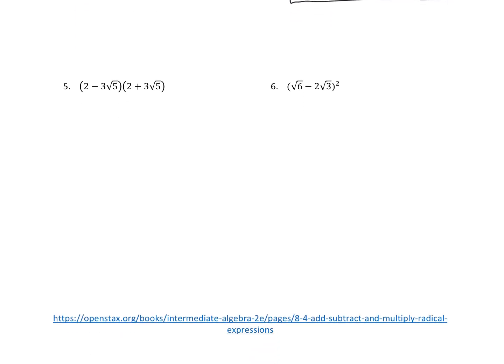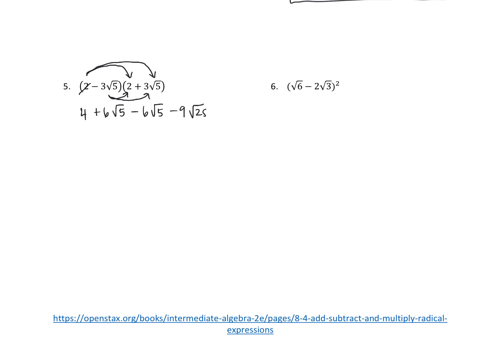Okay, 2 more examples. We have 2 times 2 is 4. 2 times 3 square root of 5 is 6 square root 5. We've distributed the 2. Now we're going to distribute the negative 3 square root of 5. So that'll be negative 6 square root of 5 and negative 9 square root 25.